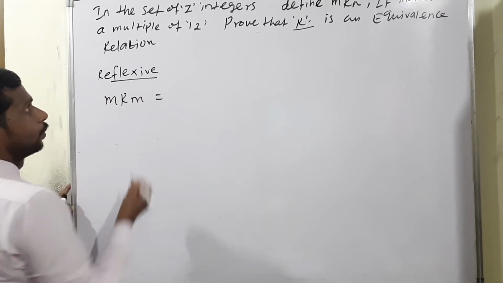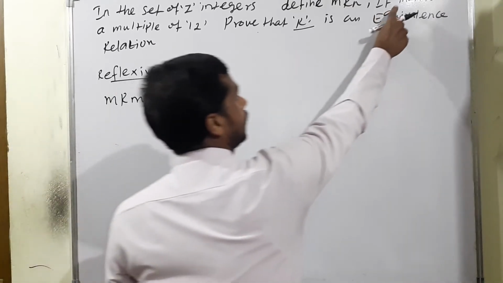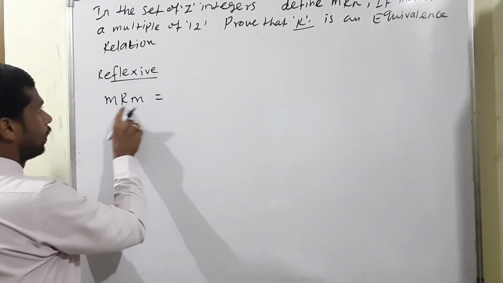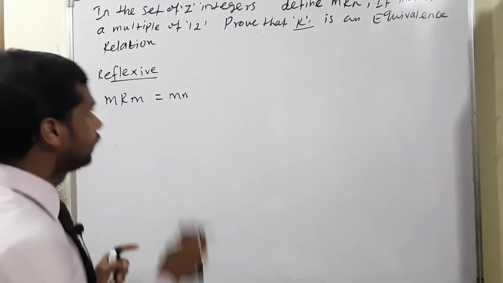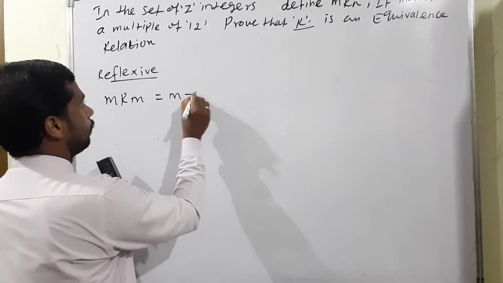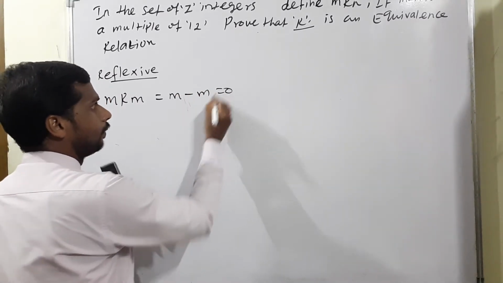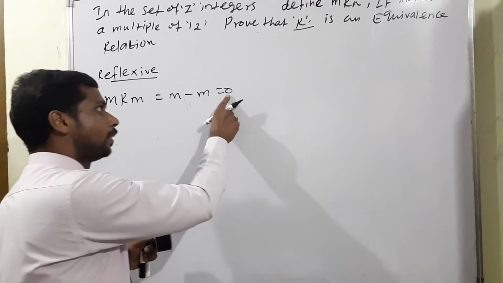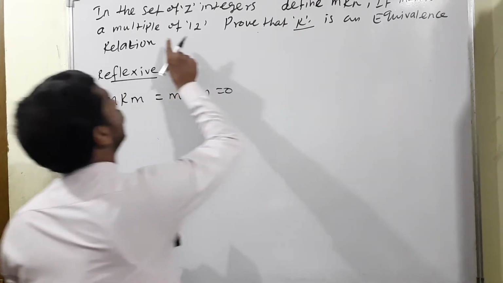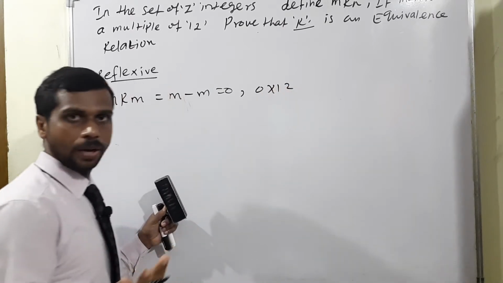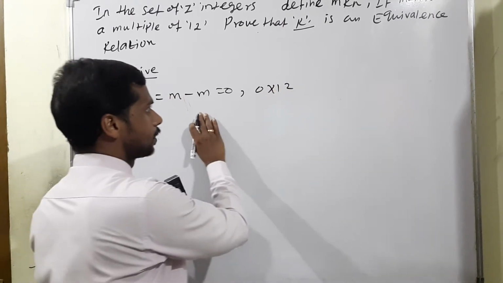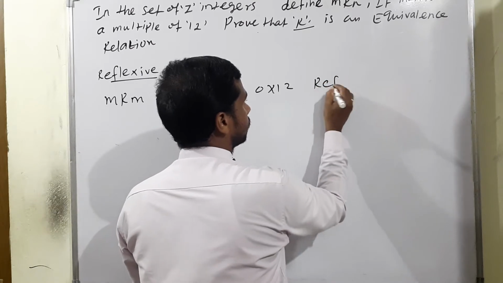So m minus m, definitely the value will be 0. How to write 0 as a multiple of 12? 0 times 12 is 0. Therefore, we can say it is reflexive.